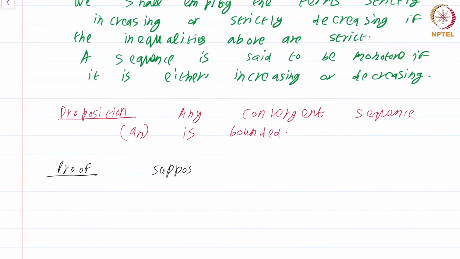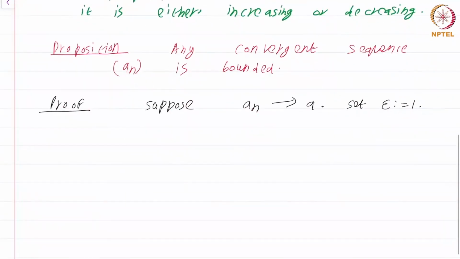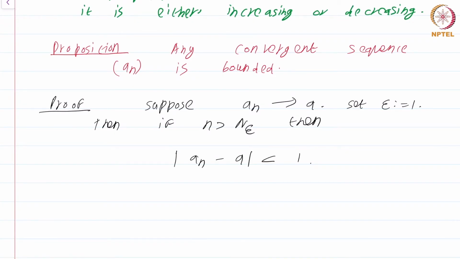Suppose A_n converges to A. Since the sequence is convergent, it must have some limit, let's say A. Set epsilon equal to 1. Then if small n is greater than n_epsilon, then mod A_n minus A is less than 1. That's the very definition of this n_epsilon.